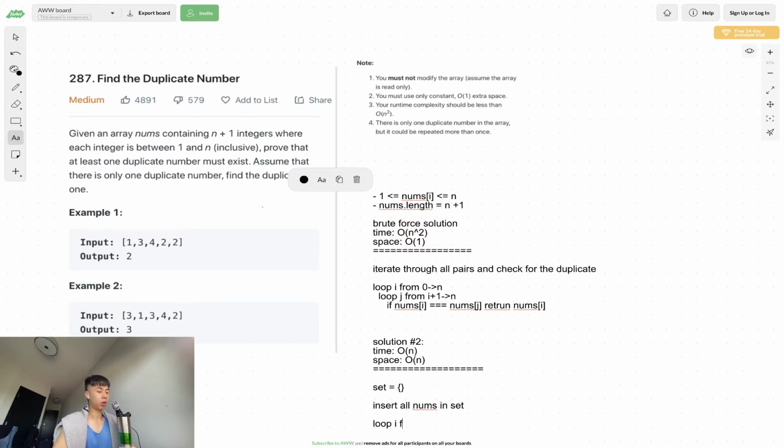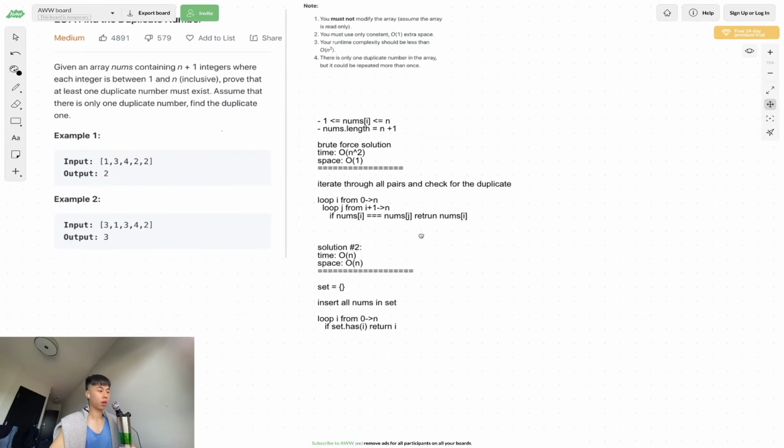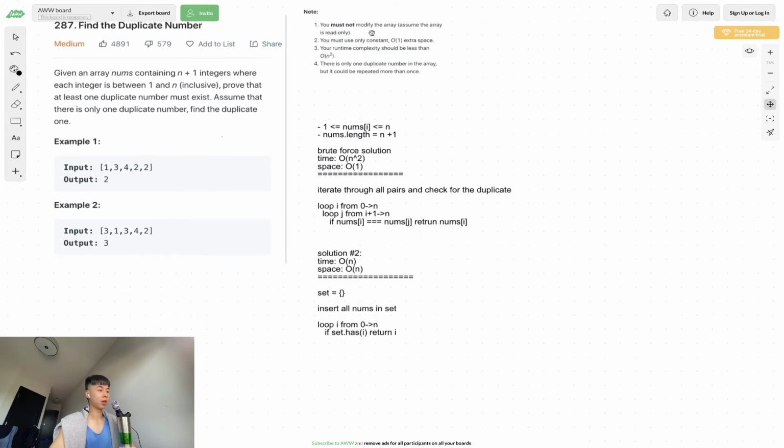We then loop i from 0 to n, and if the set has i, then we return i. But our runtime complexity should be less than O of n squared, and we have to use constant space.